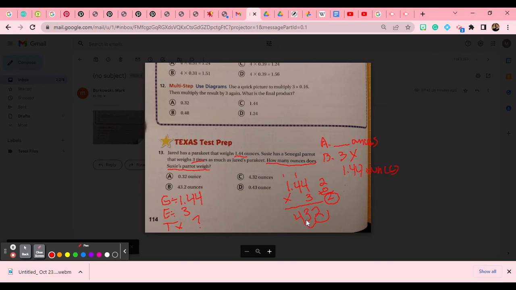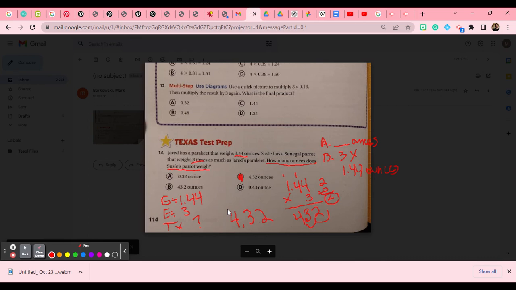Then I'm going to put my decimal right there between the 4 and the 3. So our answer would be 4 and, which is how we say it when we have a decimal, 4 and 32 hundredths ounces. So our best answer would be C.